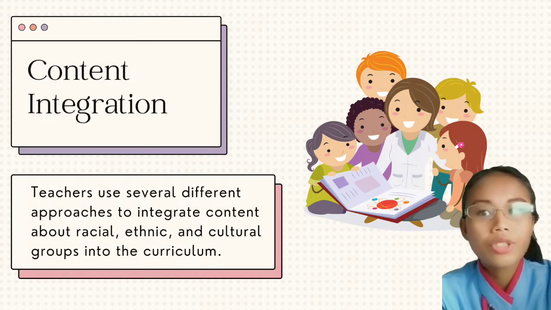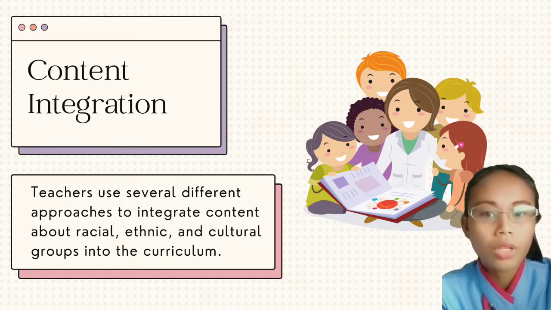Teachers use several different approaches to integrate content about racial, ethnic, and cultural groups into the curriculum. And one of the most popular is the contributions approach. When this approach is used, teachers insert isolated facts about ethnic and cultural groups' heroes and heroines into the curriculum, without changing the structure of their lesson plans and units.